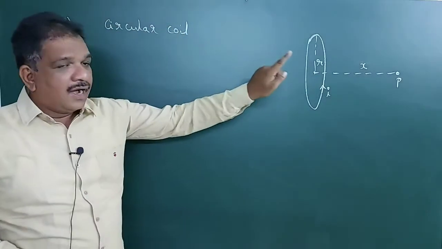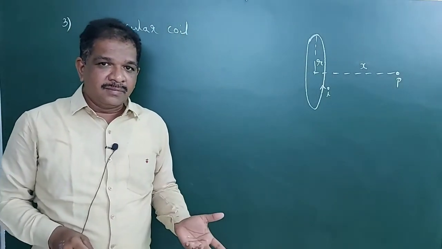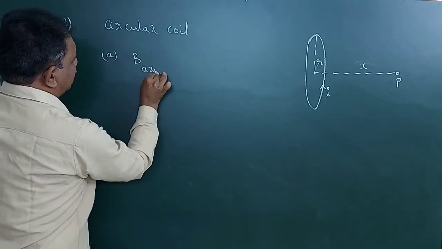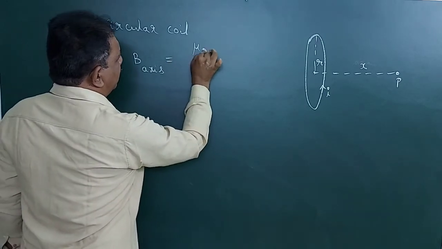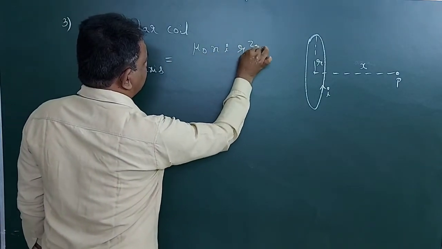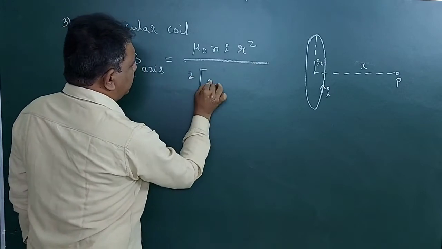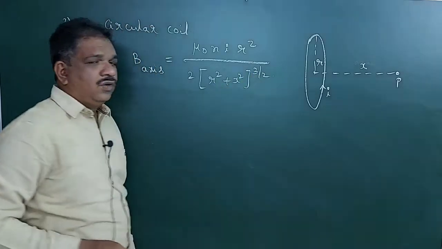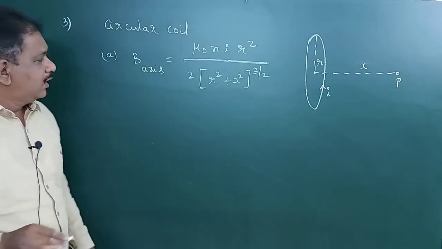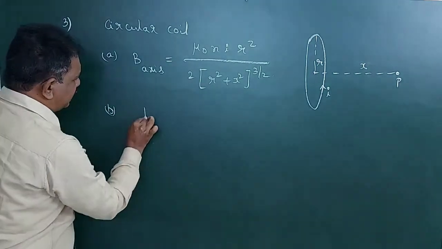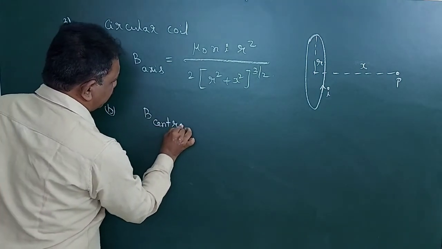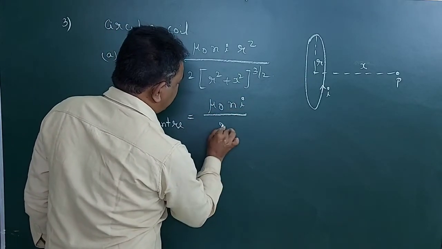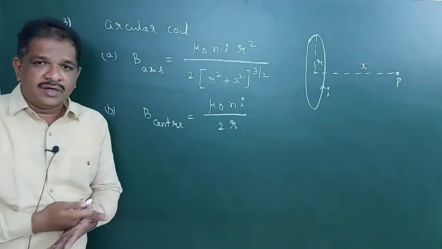Then on the axis, what is the magnetic induction? B axis is equal to mu naught n I r square by 2 into r square plus x square whole power 3 by 2. That is the magnetic induction. At the center, what is the magnetic induction? Mu naught n I by 2r.